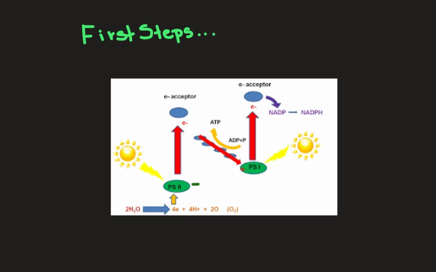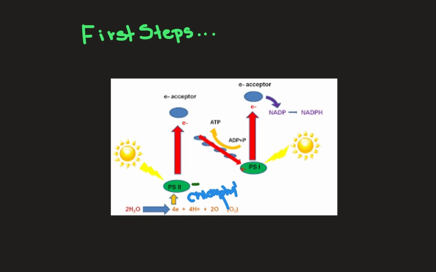The first steps to start off photosynthesis in general start with photosystem 2, which is what the PS stands for. It starts with photons from the sun coming down and going into what we call chlorophyll. Let me spell it out here.